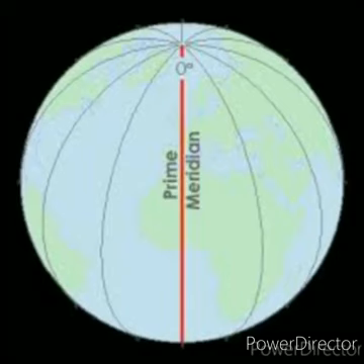For calculating time, we must take the consideration of longitudes. As the angular distance of the earth is 360 degrees, we will get 360 longitudes if we draw one longitude for each degree.